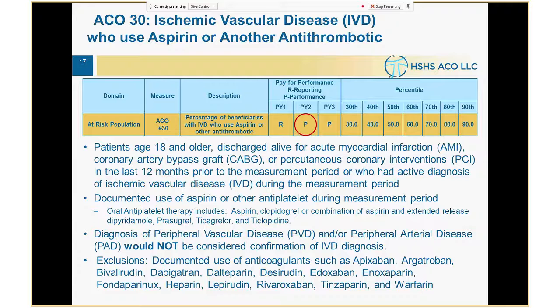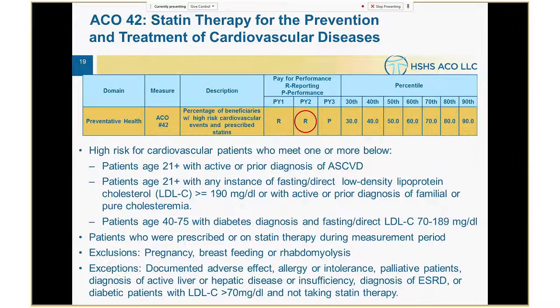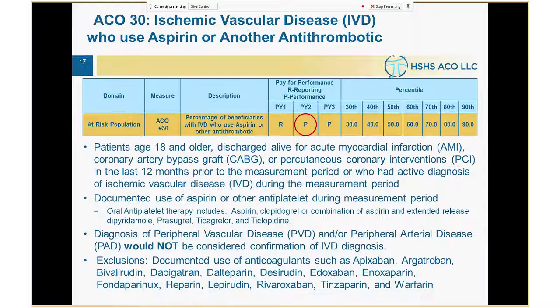The diagnosis of peripheral vascular disease or peripheral arterial disease will not be considered confirmation for the IVD diagnosis this year. Exclusions to this measure include documented use of anticoagulants such as Coumadin, warfarin, Lovenox, heparin, and all of those listed on this screen. And that concludes my presentation on this.